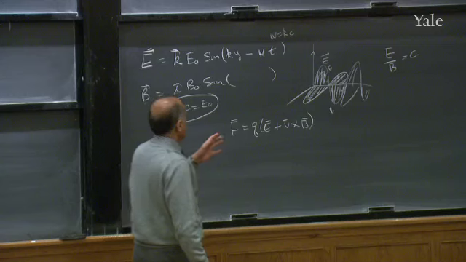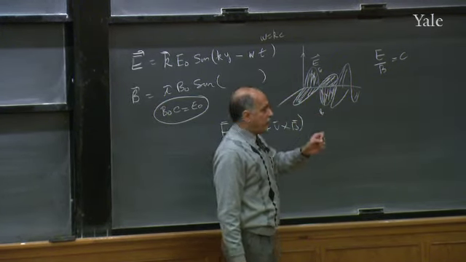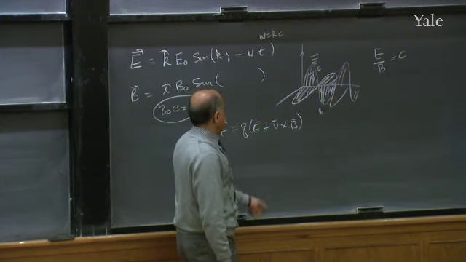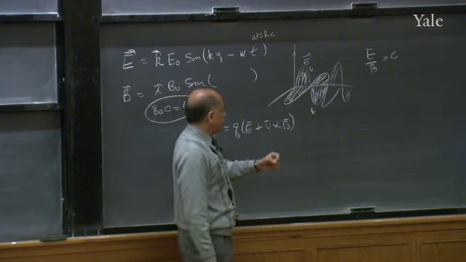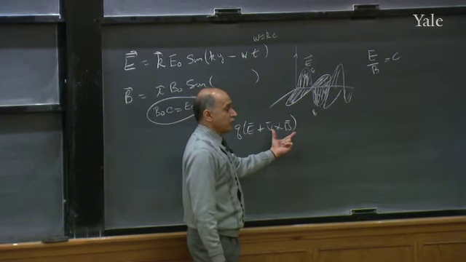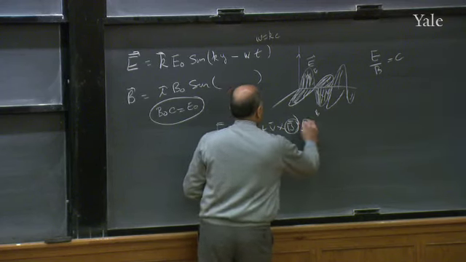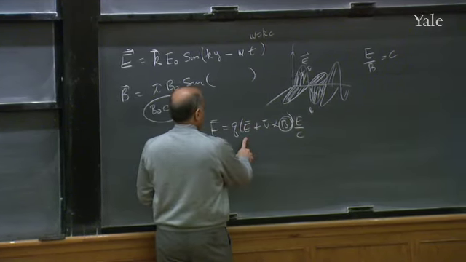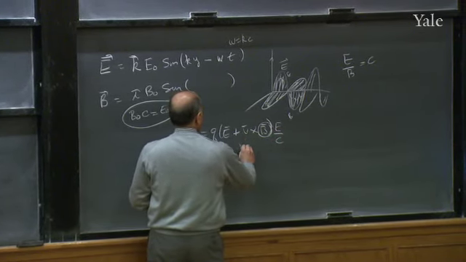If you want, the direction of E cross B is the direction of propagation of the wave. If it hits an electron there, the oscillating up and down electric field will make the electron move up and down. It will also be feeling a magnetic force, v cross B. But notice that the size of B is the size of E divided by c. So the magnetic to electric force ratio will be in the ratio of v over c.